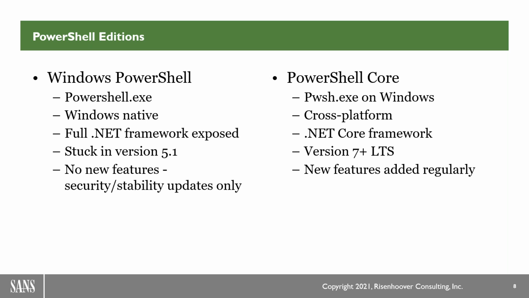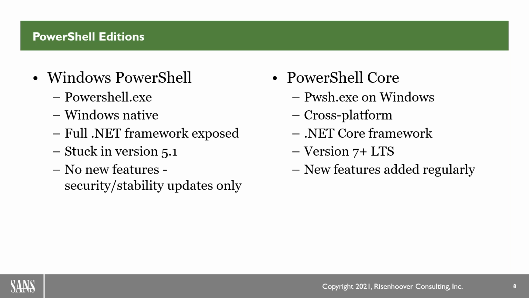Now, there are a couple of different versions of PowerShell that you might be working with right now. If you're working on Windows, you're probably using PowerShell for Windows, which is, well, stuck at version 5.1. Microsoft is no longer actively developing PowerShell for Windows. They will do security updates as needed, but they're not going to be adding any features to it in the future. Instead, they're really looking for all of us to move to PowerShell Core.